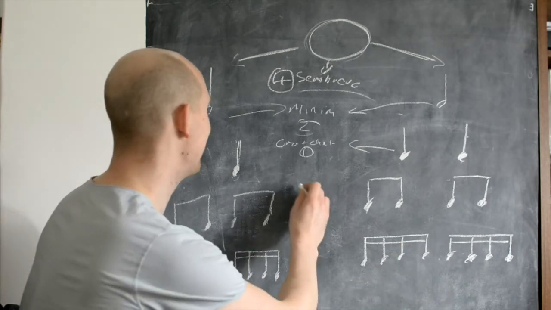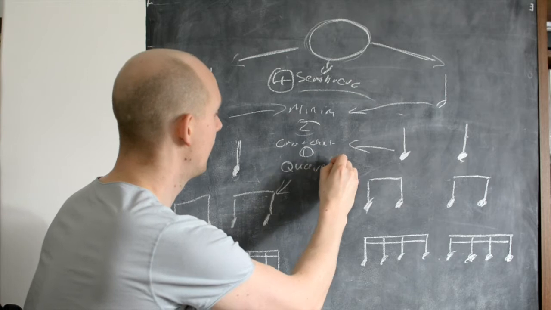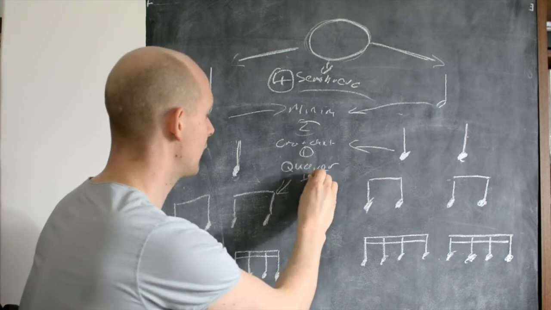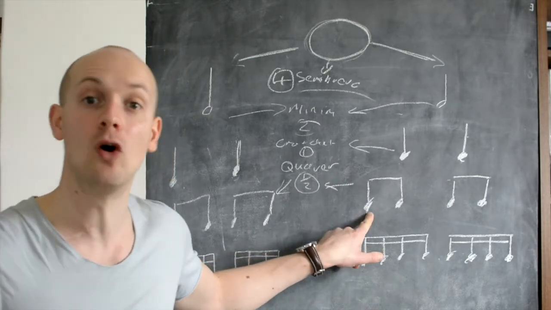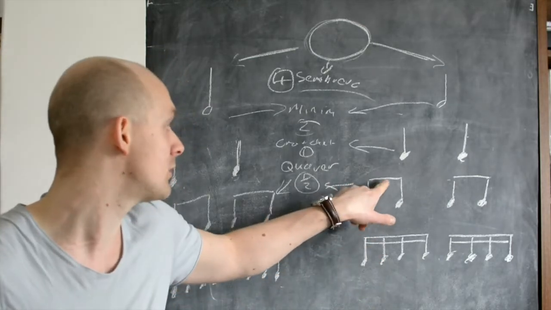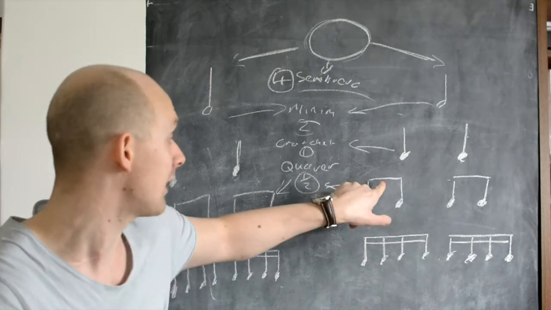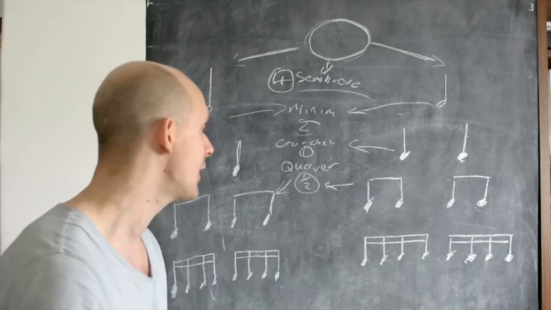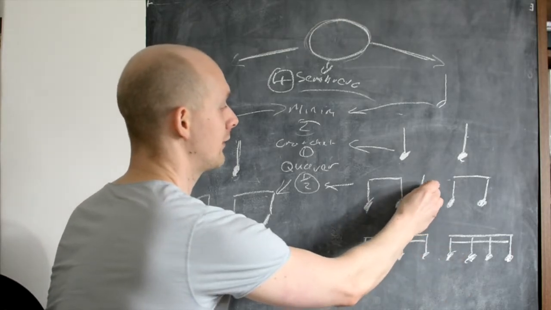Then from there you would have the quaver, which is one of these, and these are worth half a beat. Quavers are often beamed together, which means groups of 2, 3 or 4 are joined together by a line at the top. There is no difference between one of those and a single one.